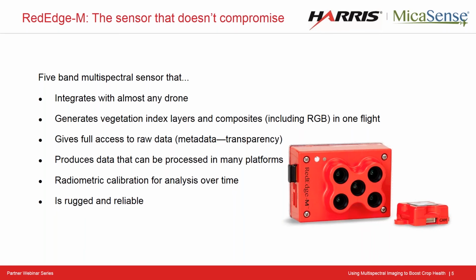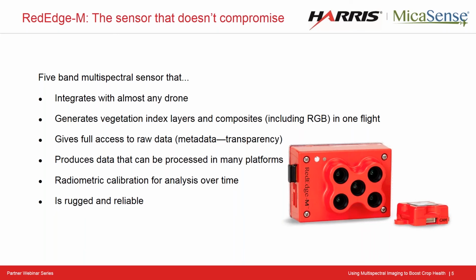Another thing is that with the data that's collected, those 5 spectral bands, you have the ability to generate multiple different vegetative indices and composites. And one of those composites is the RGB image, the RGB composite. So if you're a service provider who's interested in collecting multispectral imagery and you also want an RGB output, that is possible with the RedEdge M.